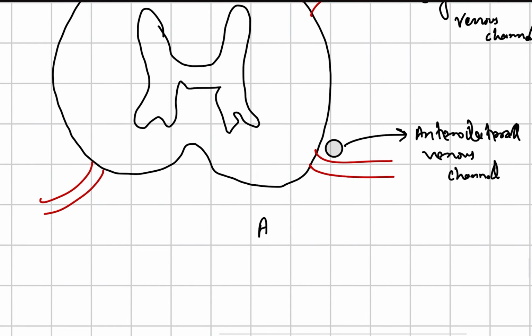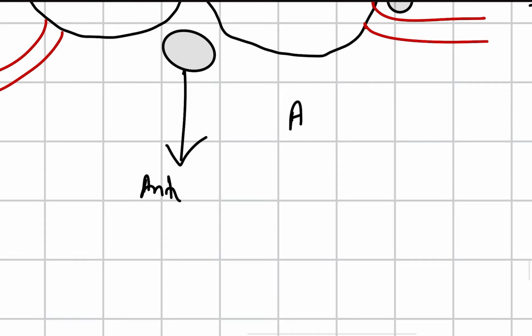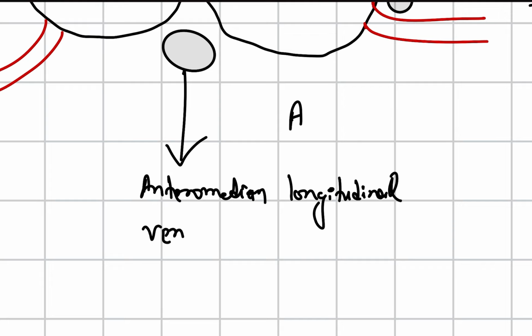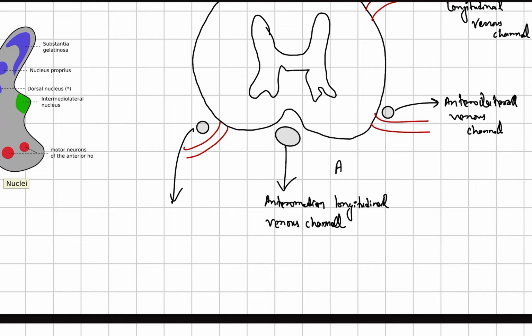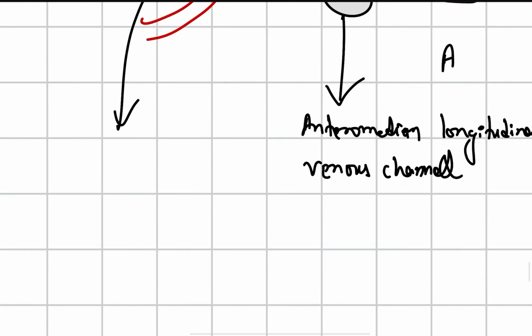And then on the anterior side, there is the anteromedian longitudinal venous canal. And also at the roots of the anterior ventral root, there is the anterior nerve root.